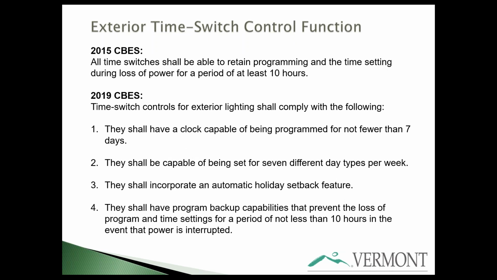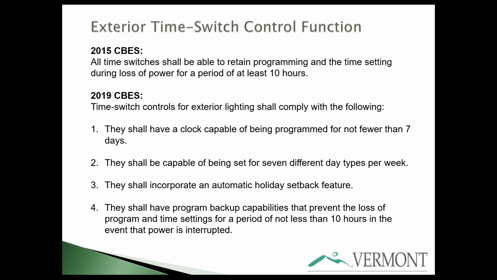So in exterior lighting controls, if you have an exterior time switch control function, in our current code we say that if you lose power, it will retain the programming for at least 10 hours. That is still a requirement in the 2019 CBES, but we also have 3 other requirements.